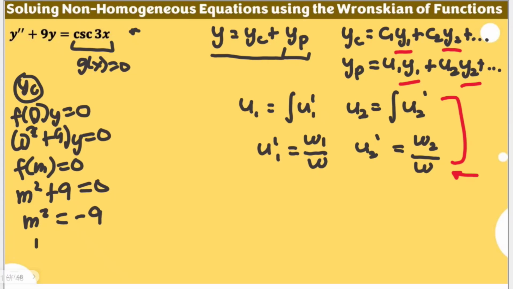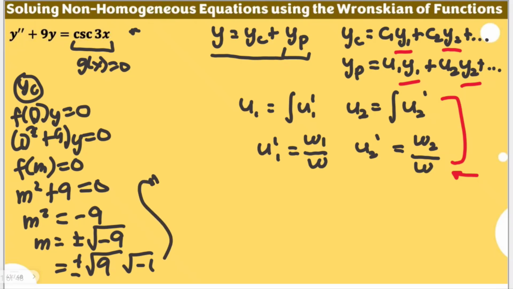So m is plus minus the square root of negative 9. Obviously, we are expecting an imaginary solution because this is actually equal to plus minus square root of 9 times square root of negative 1, leaving us with the result m is equal to plus minus 3i.